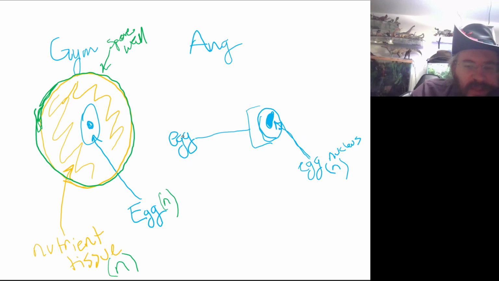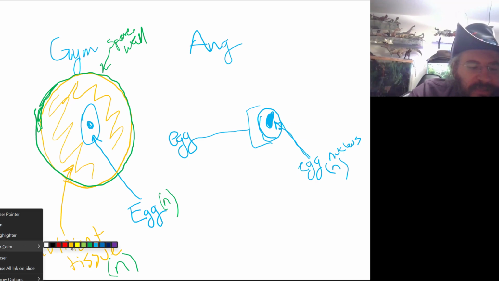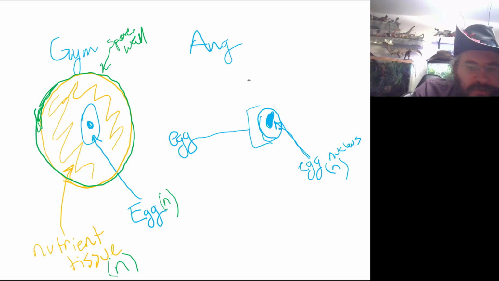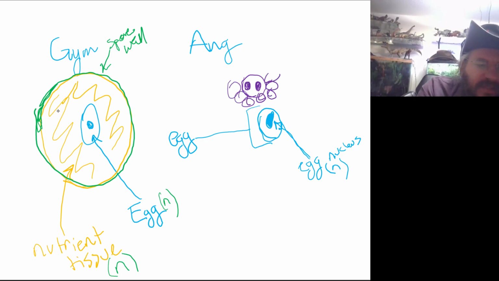It's the same thing, but I'm emphasizing something else. And then we'll do purple because it's different. Here's one cell that's representing all the cells, because all this nutrient tissue is cellular tissue.